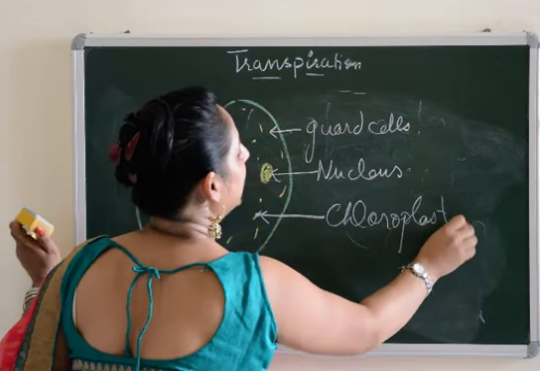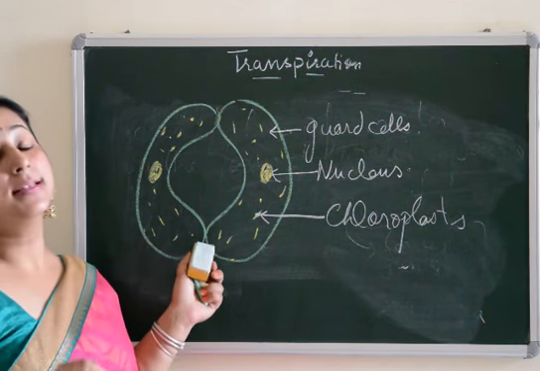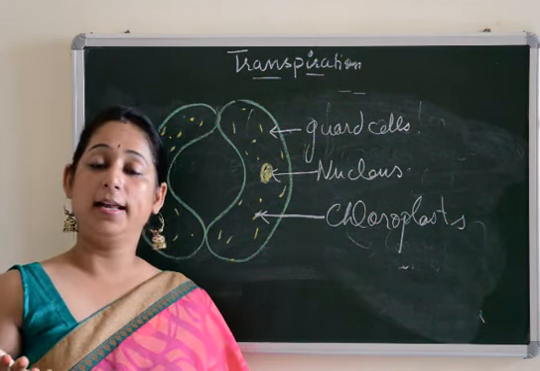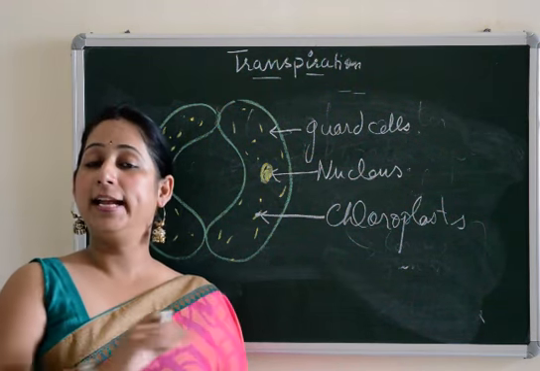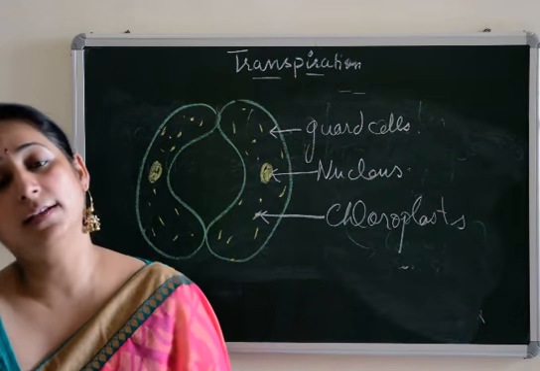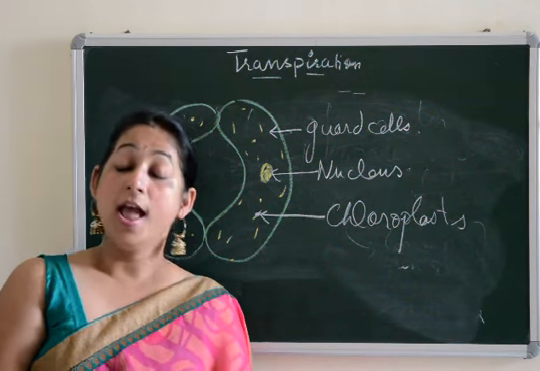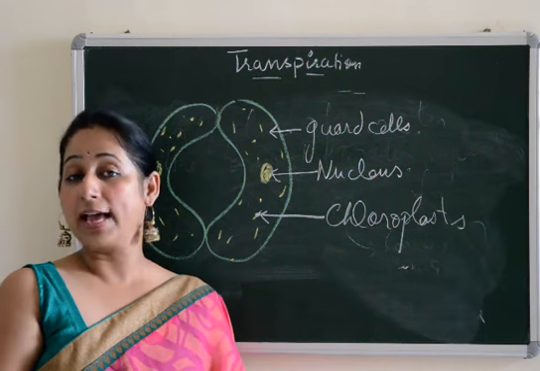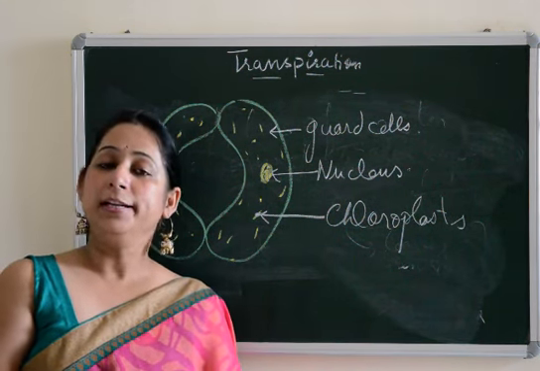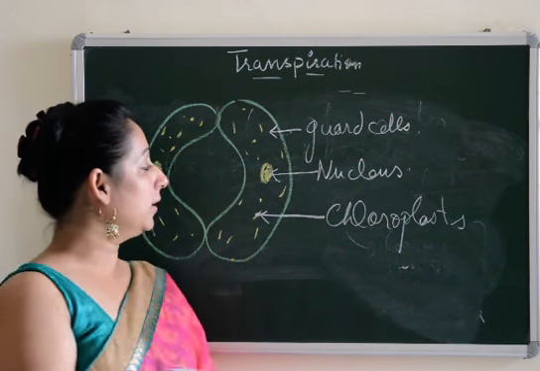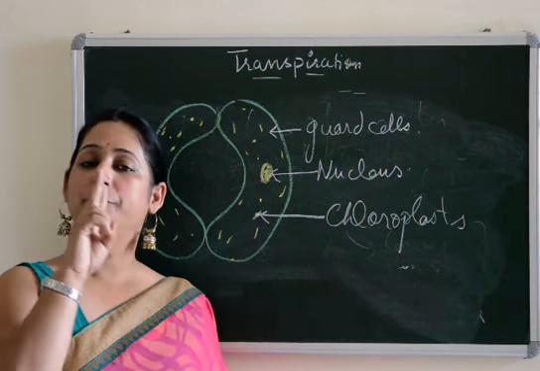Now a very important fact about stomata is that they open during the daytime but they close during the night. Okay, during the daytime the stomata are open and they undergo the process of transpiration as well as exchange of gases that we will take up in our video pertaining to photosynthesis. Now here you must know that stomata perform two functions.